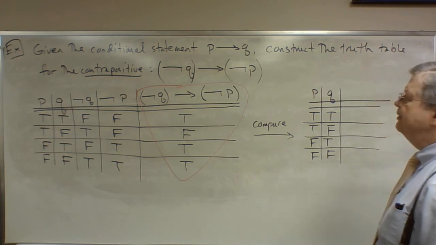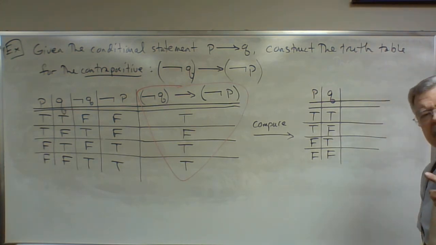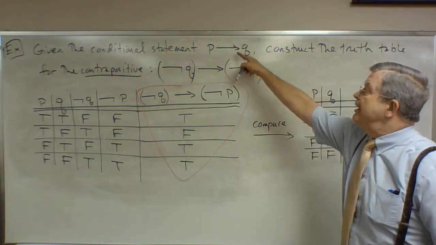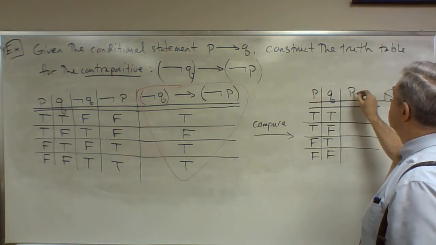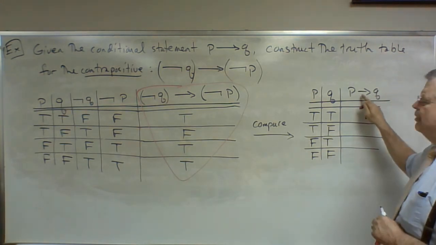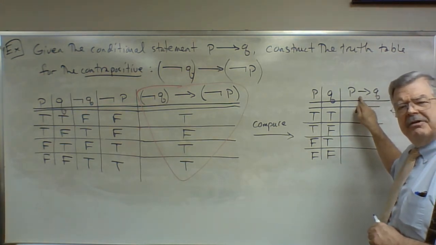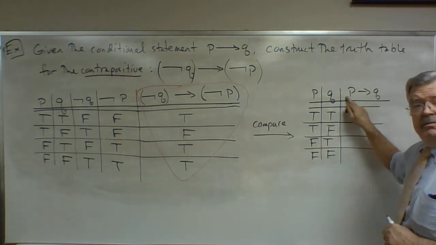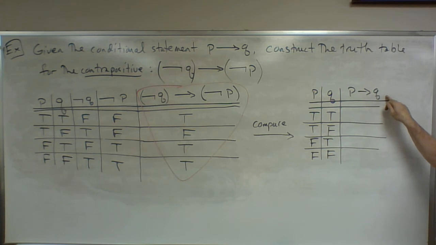Let's take a look at the truth table for the original conditional, P implies Q. Now, when is the only time that this conditional can be false? It's when we have true implying false.